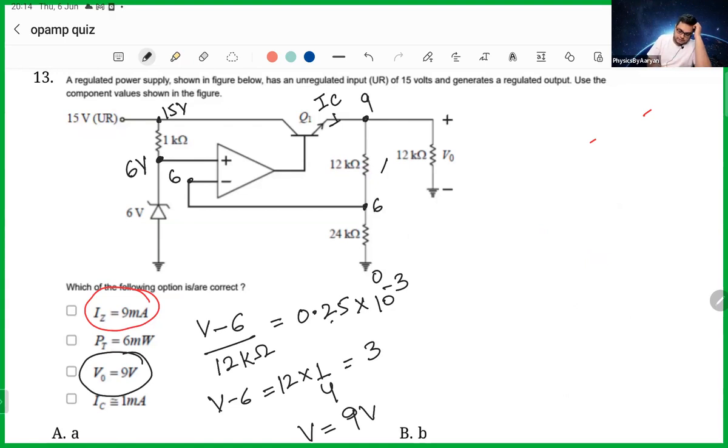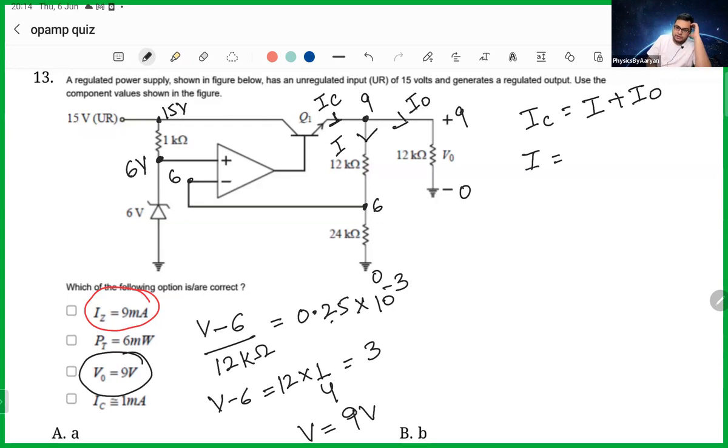This is 6, and this is also 9, and this is 0. If you carefully look at it, the collector current will divide into two parts. One is the lower part, and one is this part. So this is known as I, and this is known as I output. So the collector current can be written as I plus I output.